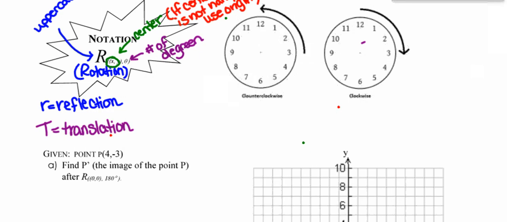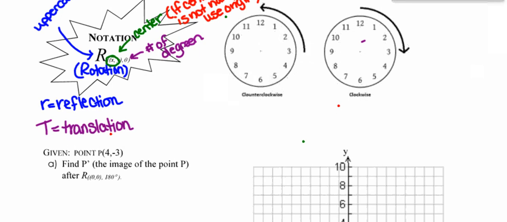We need to talk a little bit about direction because that's important. When we turn something in the counterclockwise direction, in other words, the opposite of the way the clock spins, you might think about running around a track as typically done in a counterclockwise direction, or cars around a racetrack typically done in a counterclockwise direction. A counterclockwise direction is always going to be represented by a positive number of degrees.